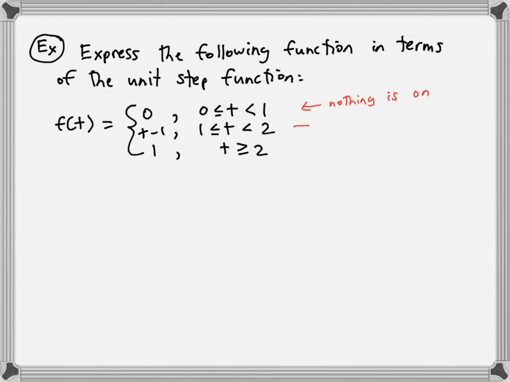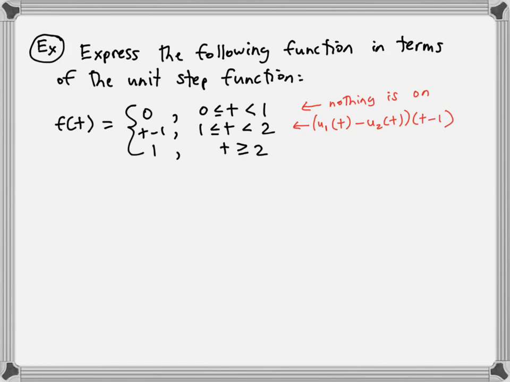This part, you're turning on t minus 1 at t equals 1, and then you're turning it off at t equals 2. So what are you going to get? The way you're going to write it is like this. u1 of t minus u2 of t, right? Because it's being turned on at 1, turned off at 2. And you're going to multiply that whole thing by the function t minus 1. Okay, because that's when it goes on and that's when it turns off, okay?